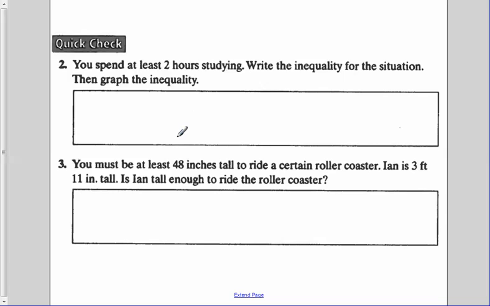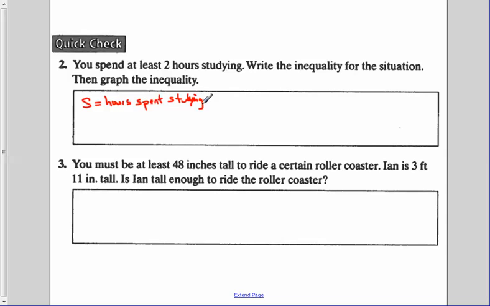All right, you spend at least 2 hours studying. Write the inequality for the situation. Then graph the inequality. So if I want to say you spend at least 2 hours, so if I wanted to say S is going to equal hours spent studying. All right, there we go.